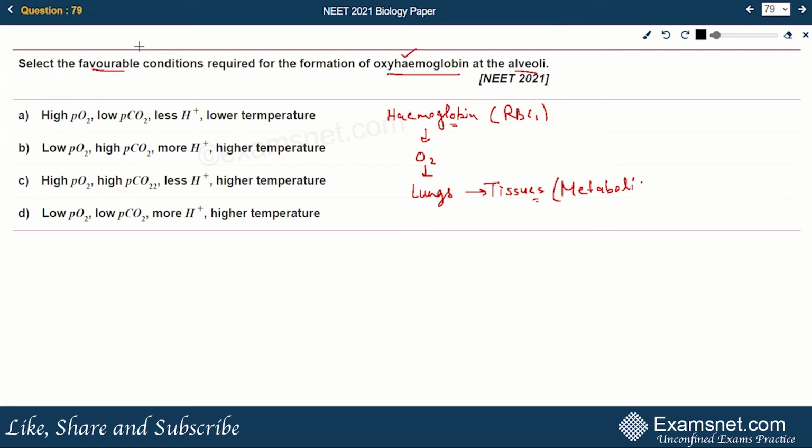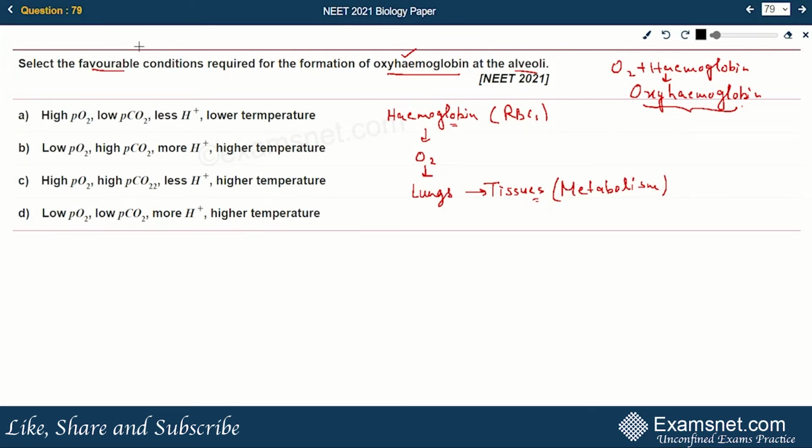Aerobic metabolism. Now, this process starts after the oxygen binds with the hemoglobin, forming a complex known as oxyhemoglobin, right? So, this oxyhemoglobin moves from the lungs to the tissues.